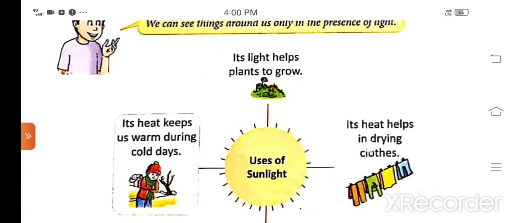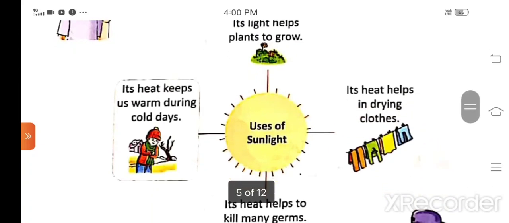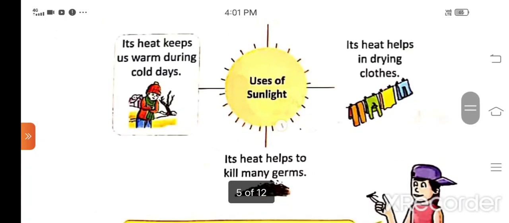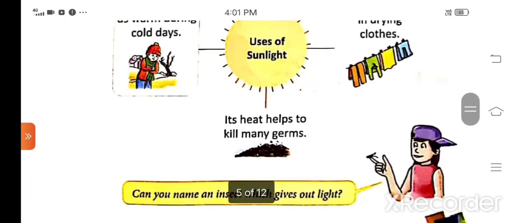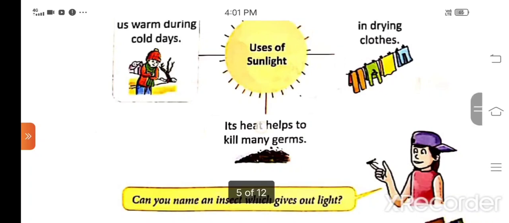The second is its heat helps in drying clothes. We wash our clothes and put our wet clothes in the sunshine, and the heat of the sun helps to dry the clothes. Number 3, its heat helps to kill many germs.